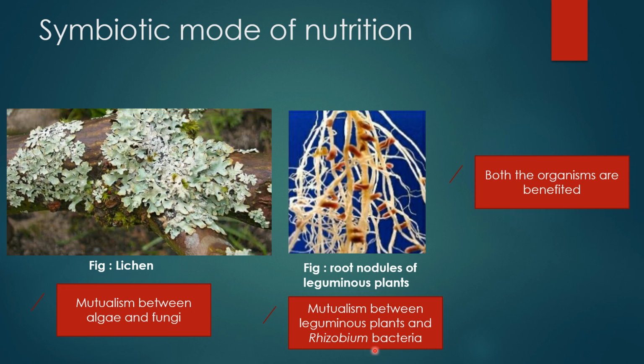These rhizobium bacteria are important for fixation of atmospheric nitrogen, and by fixing this atmospheric nitrogen, they provide nitrogen to the plants, which helps their growth and development, whereas the plant gives them shelter. So here the rhizobium and the plants are both benefited. This type of nutrition is known as symbiotic nutrition, and this relationship is known as mutualism.